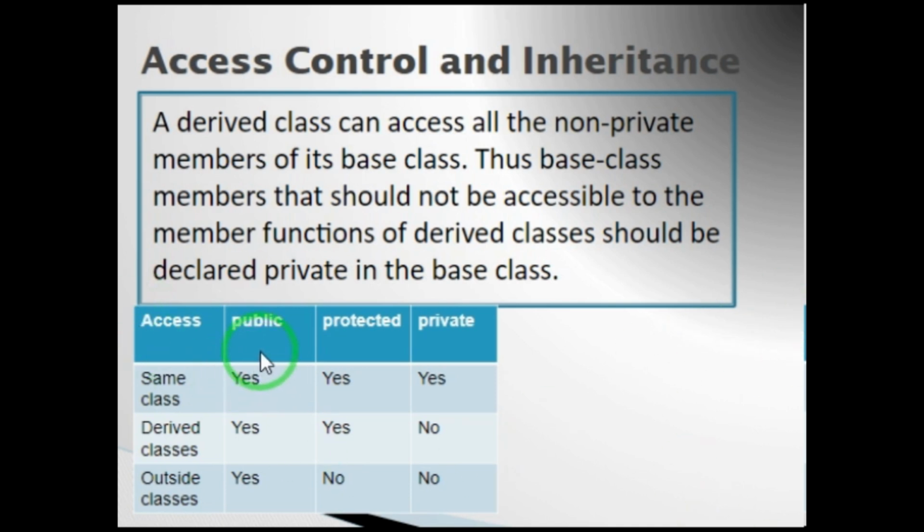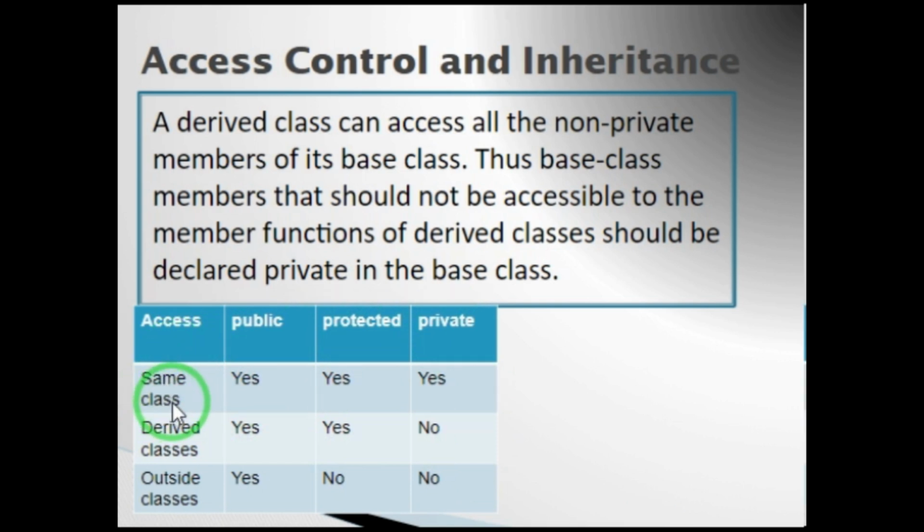Whenever we use a public data variable in any class, it is accessible in the same class. A protected member is also accessible in the same class. A private member is also accessible in the same class without using the inheritance concept.